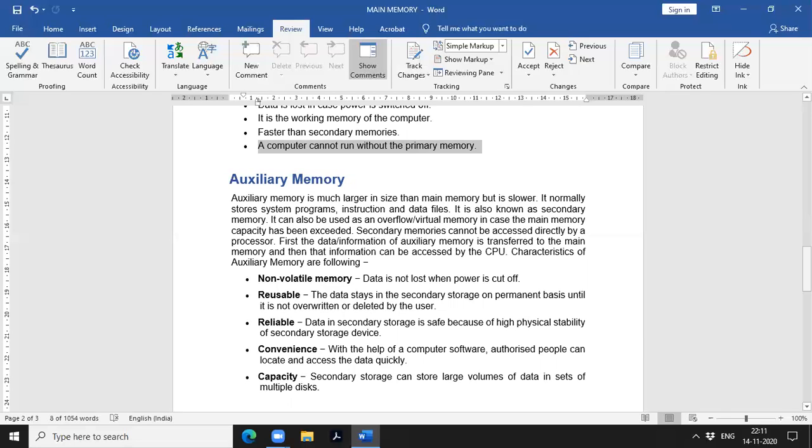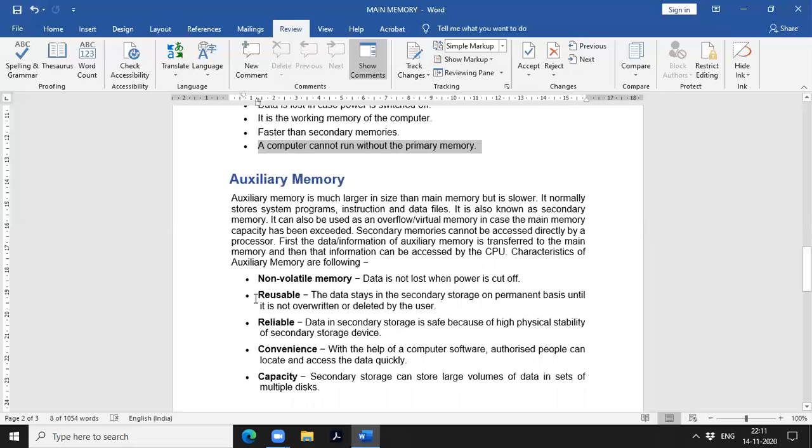Auxiliary memory is larger in size than primary memory, but slower in read and write. It normally stores the system programs, instructions, and data files, also known as secondary storage. We store all the operating system and applications in secondary storage.